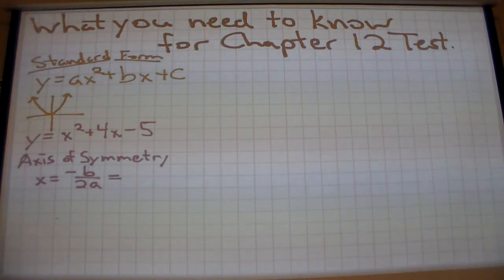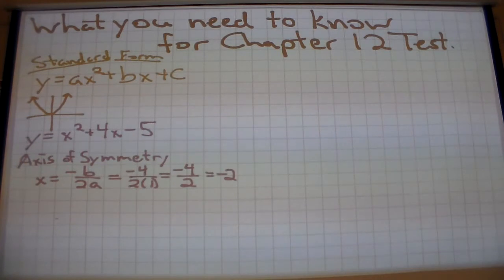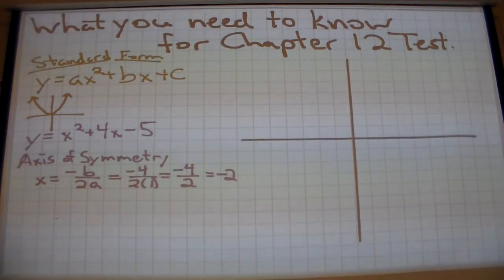So what's the b value? 4. So negative 4 over 2 times what? 1. Okay. Negative 4 over 2, negative 2. So that tells us the graph has a line through negative 2. It's x equals negative 2 that cuts it in half.